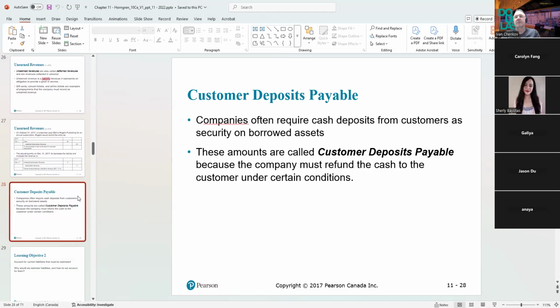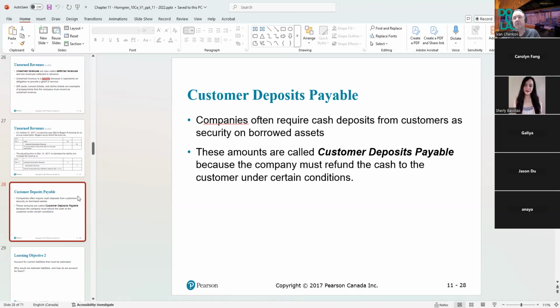Customer deposit payable. If the customer pays a deposit, is that a liability? How many of you are renting? Is there anyone who pays rent?